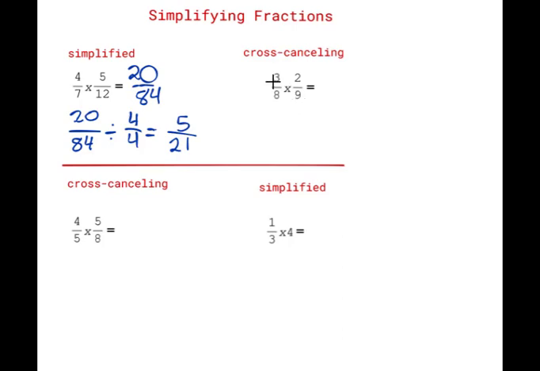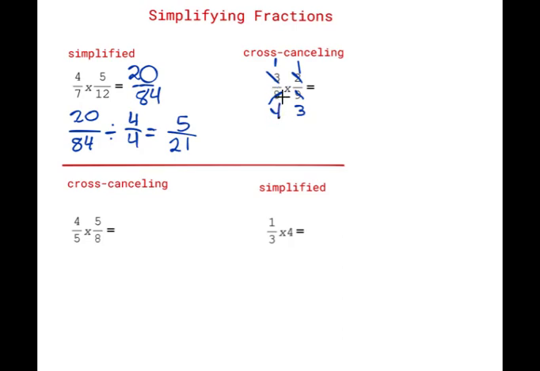In this case, 3 and 9 have the common factor of 3. 3 goes into 3 one time, and 3 goes into 9 3 times. 2 and 8, 2 is the common factor to both, so 2 goes into 2 one time, and 2 goes into 8 4 times.